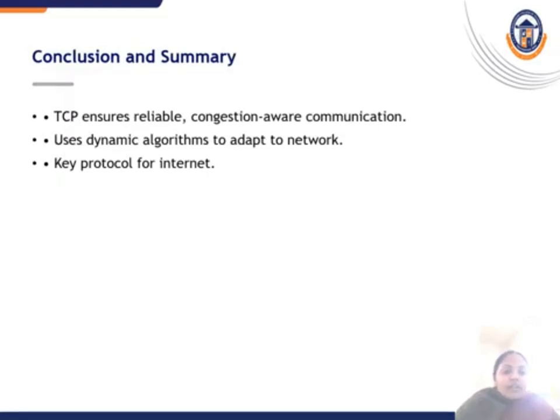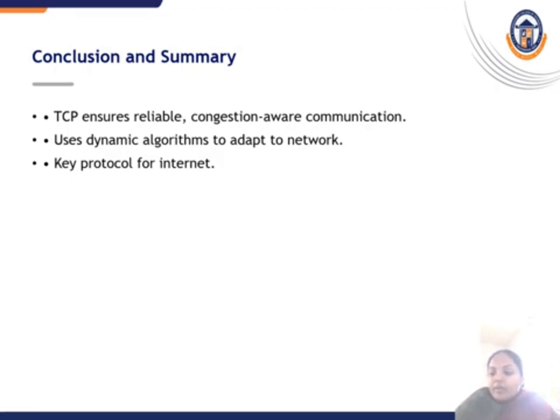Then conclusion. TCP ensures reliable, congestion-aware communication. It uses dynamic algorithms to adapt to the network, key protocols for the internet. The summary of TCP congestion control is, it establishes the connection using the three-way handshake protocol. Once connected, it ensures reliable delivery. Then it controls congestion.